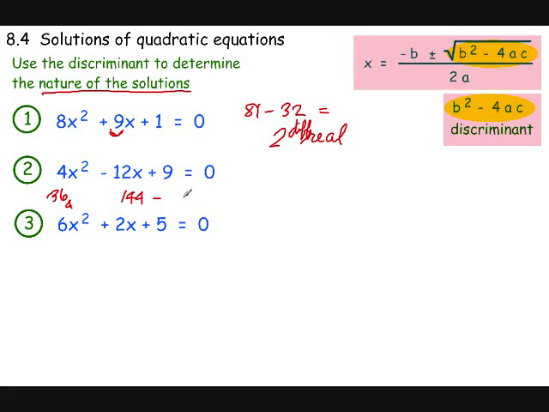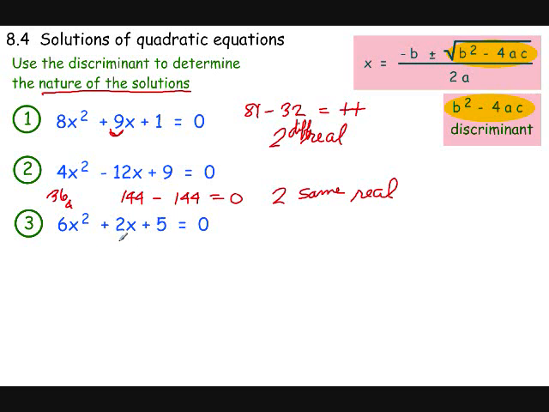Is it what I think it is? Yeah. 144. Which is going to be equal to 0. By the way, I should have just, up here, said it's positive. Okay, and this one's 0, so that means I'm going to have two of the same real number solutions, because we're a little more sophisticated now. We don't just say 1, because we know it's actually two redundant solutions.